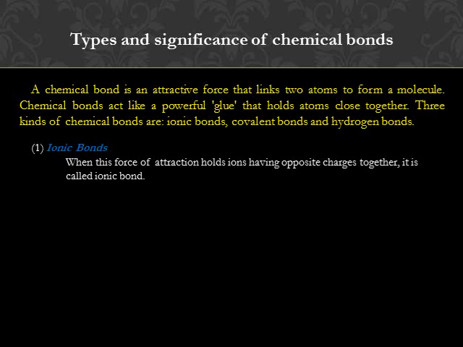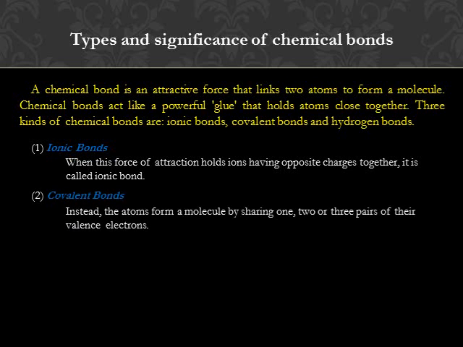Now first, if I talk about ionic bond, it is the force of attraction between ions which have opposite charges, that is positive and negative charge, so they hold the ions together. This type of attractive force is called ionic bond. The second type of bond is the covalent bond.